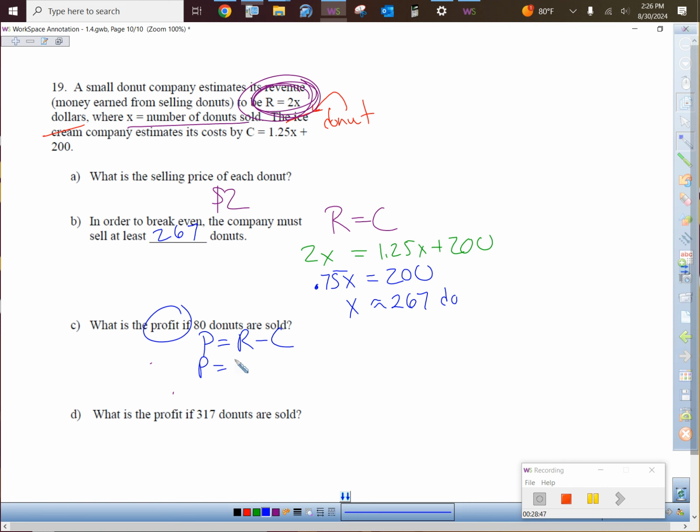But I'm going to find the profit equation. It's 2x. Take away the cost. Since there's more than one term in each guy, everybody's sign changes. So I'm going to have a minus 1.25x and a minus 200. And my profit is going to be 75 cents per donut, but there was some startup costs of $200, right?